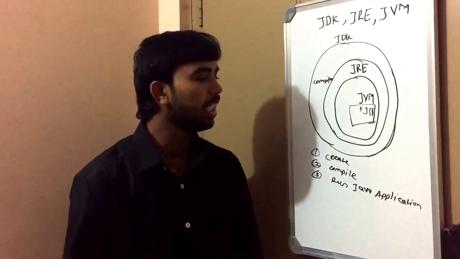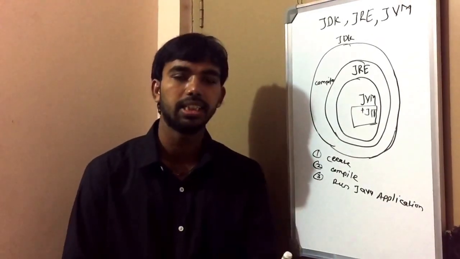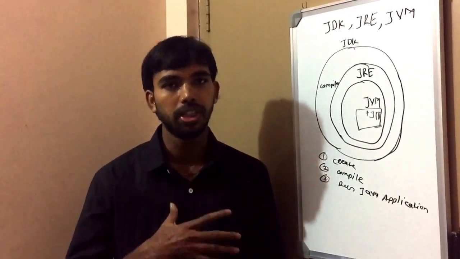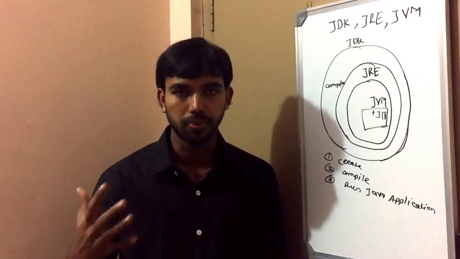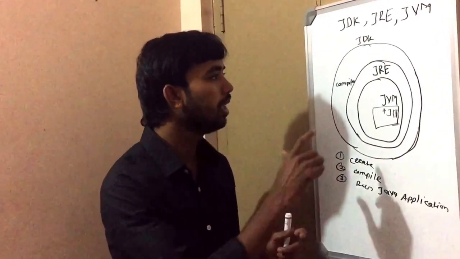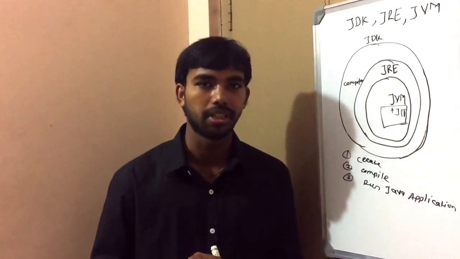So the second one is JRE. JRE is nothing but the Java Runtime Environment. When you are giving a compiled program for execution, when you are running the compiled program, that time JRE comes into the picture.